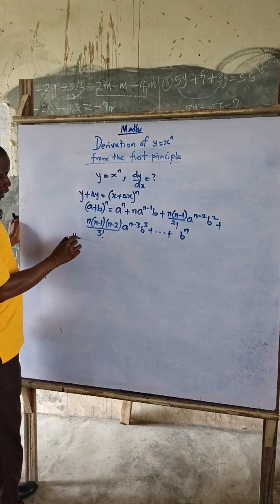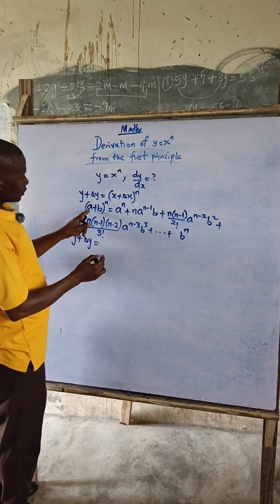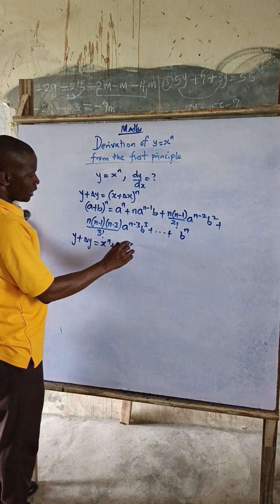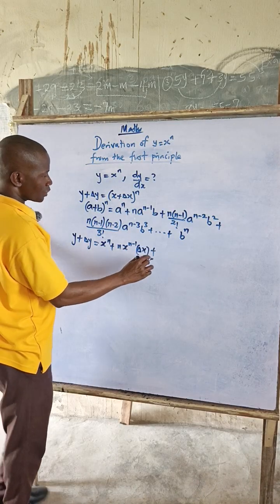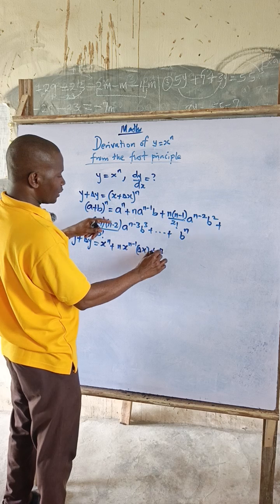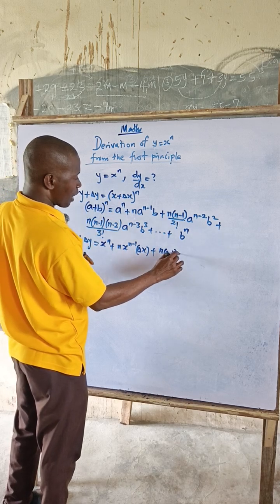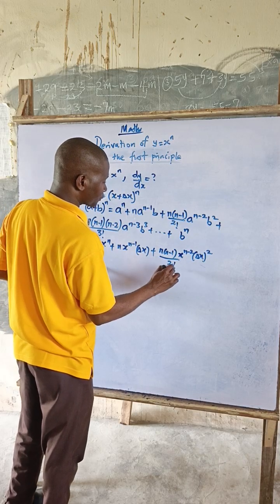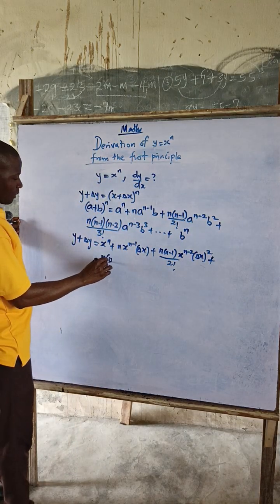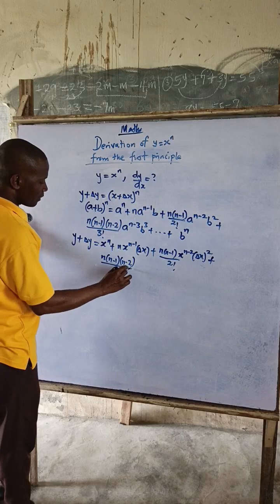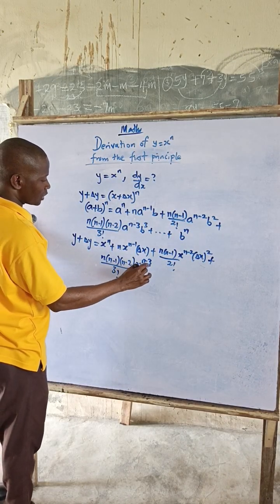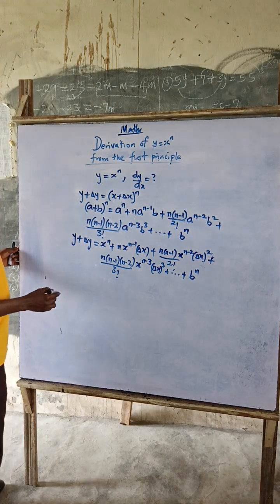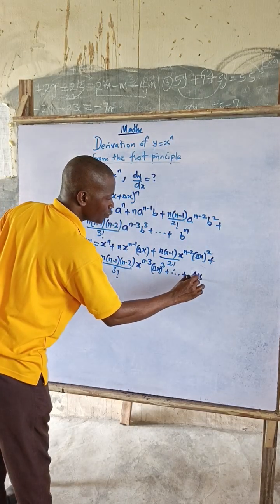So we have y plus delta y equals x raised to power n, plus n x raised to power n minus 1 delta x, plus n into n minus 1 x raised to power n minus 2, delta x raised to power 2 divided by 2 factorial, plus n into n minus 1 into n minus 2 divided by 3 factorial, x raised to power n minus 3 delta x raised to power 3, plus up to the last term, delta x raised to power n.